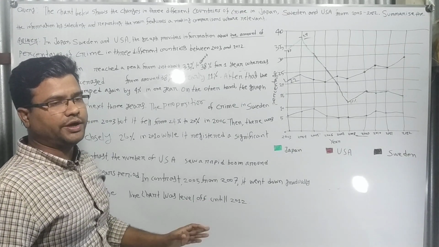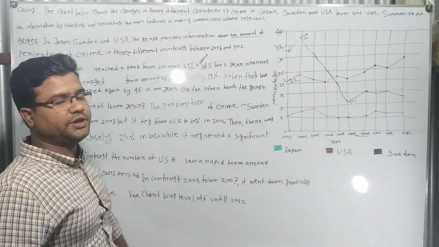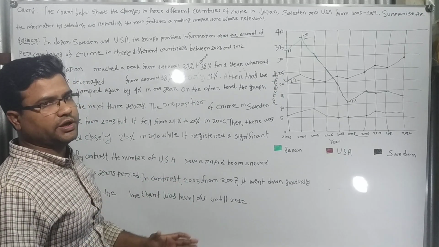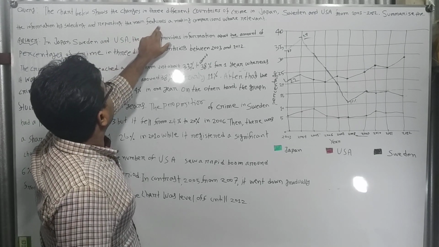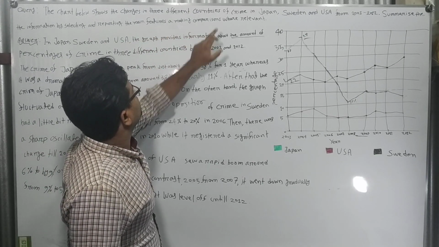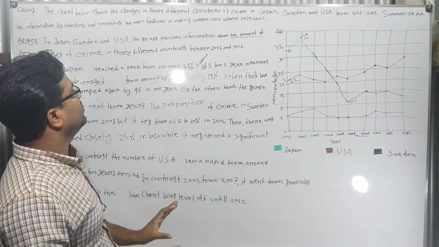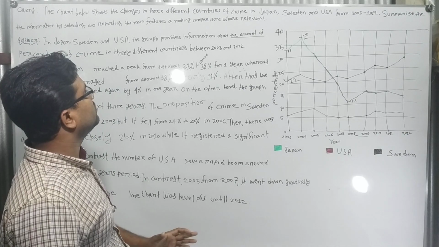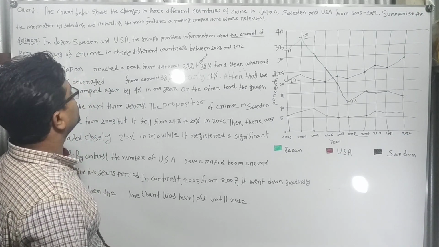In this you have to write big matters, big decrease or big increase, and moderate increase or decrease, and the picture. Making comparison means you will make comparisons. It means compare, where relevant, where the point will be meaningful.